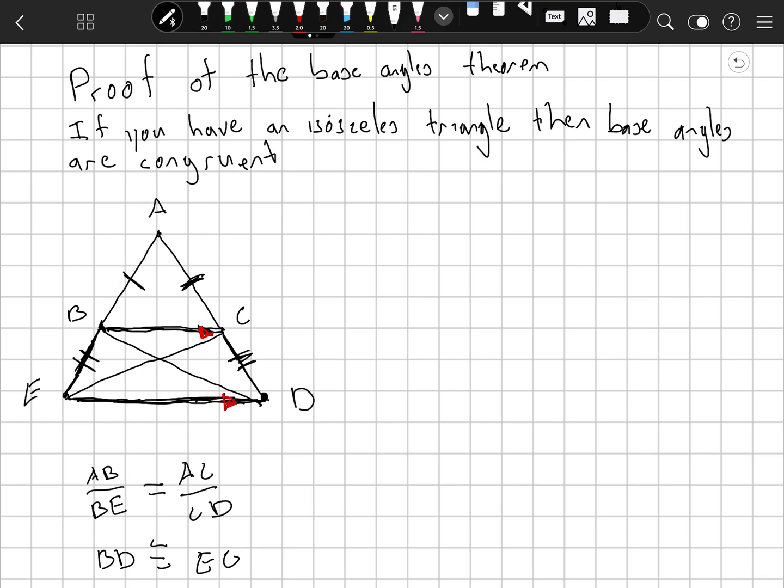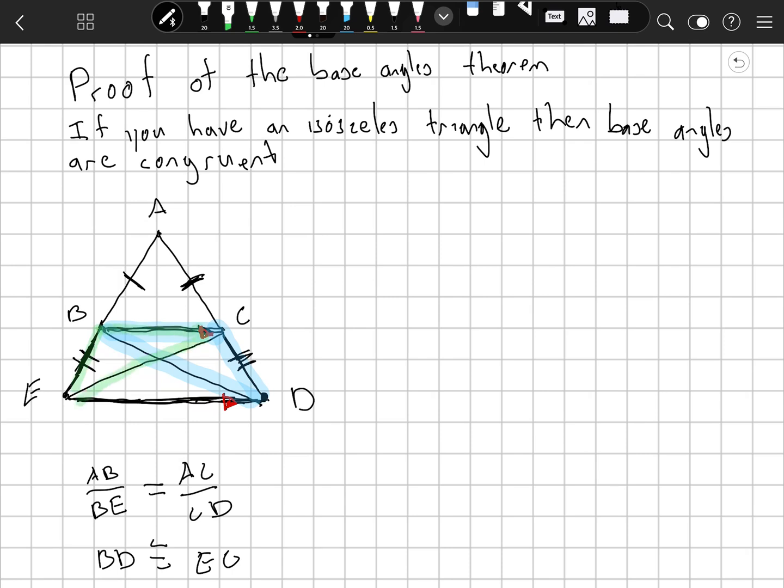Okay, so now we're going to take a look at some little triangles here. I'm going to highlight this one in blue, and let's highlight the other one in green. We're comparing it to this triangle here.